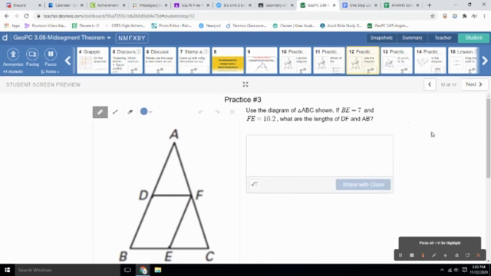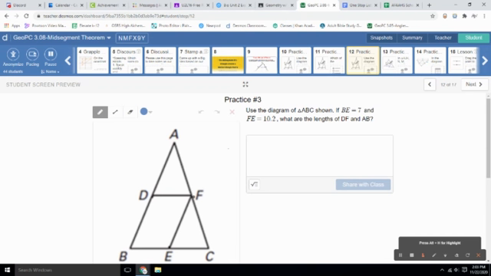Let's try a different question. Use the diagram ABC shown. If BE is 7 and FE is 10.2, what are the lengths of DF and AB? Okay, so let's put in the information that we have.